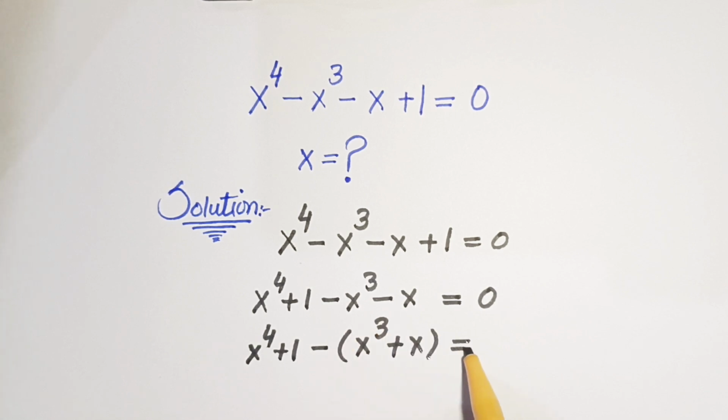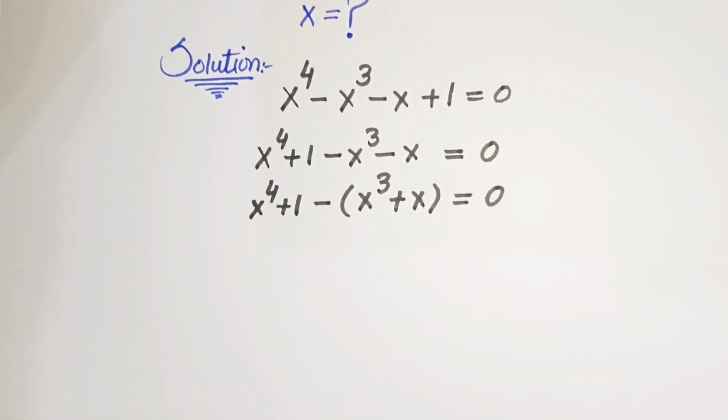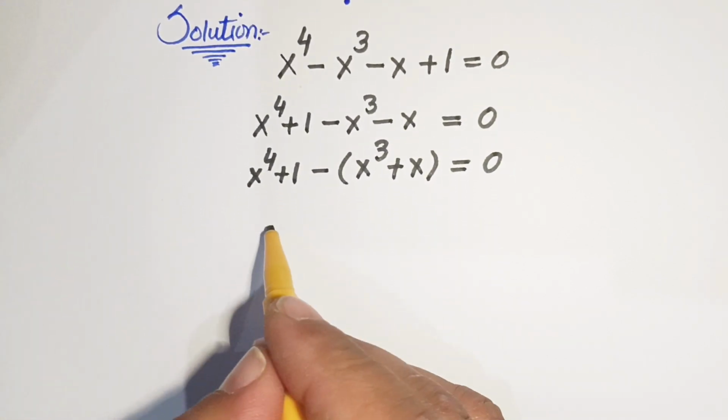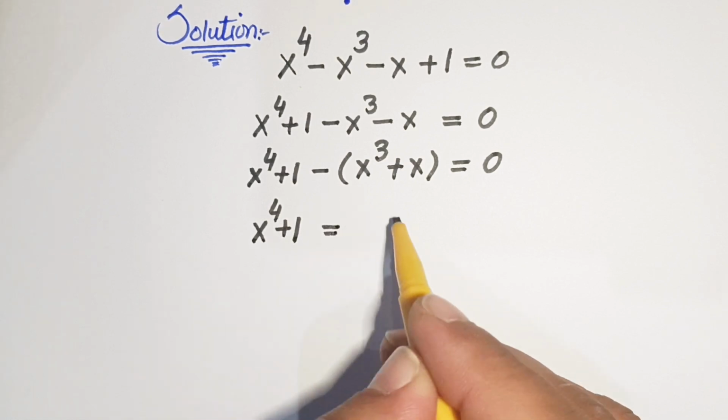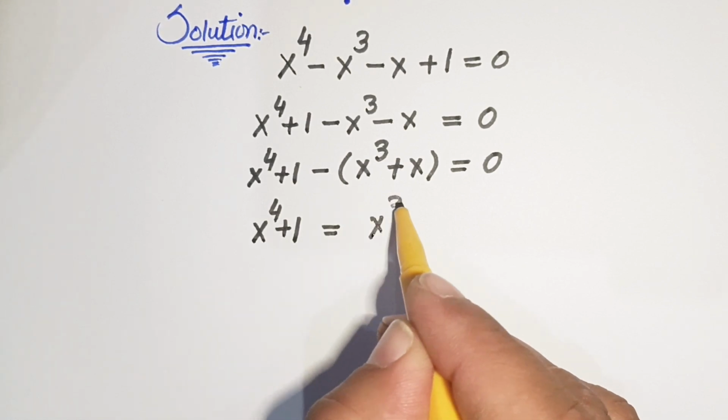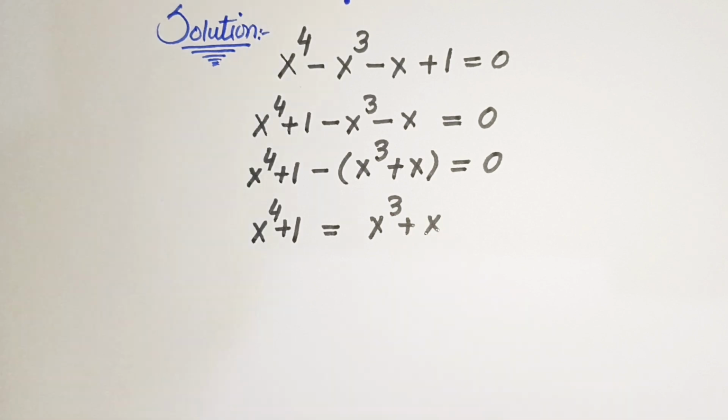Now shifting this term to our right hand side, we have x to the power 4 plus 1, and shifting this one we get positive sign, x cubed plus x.